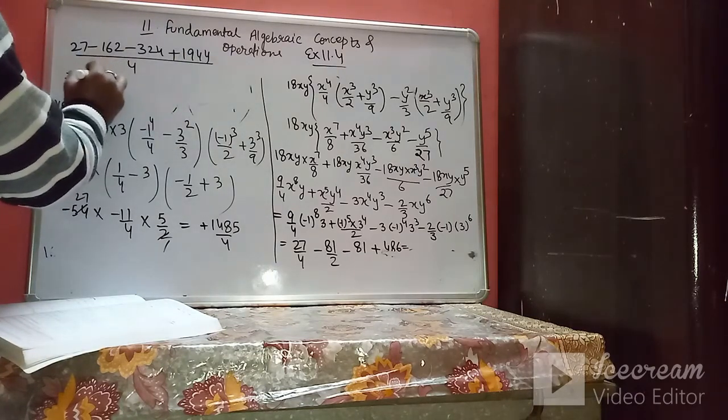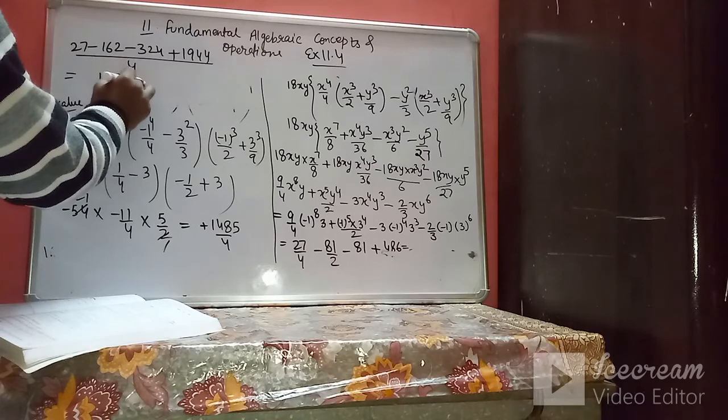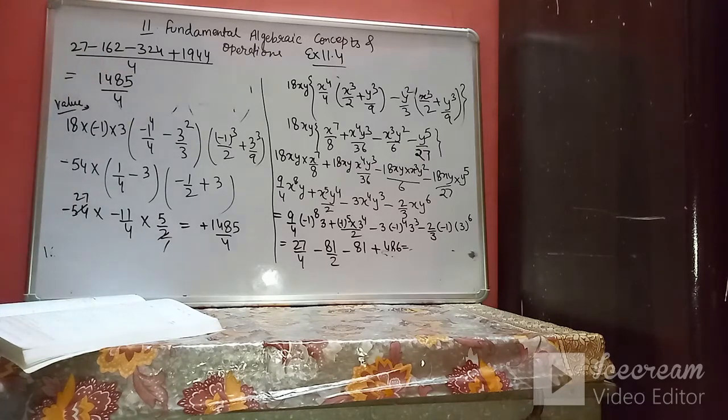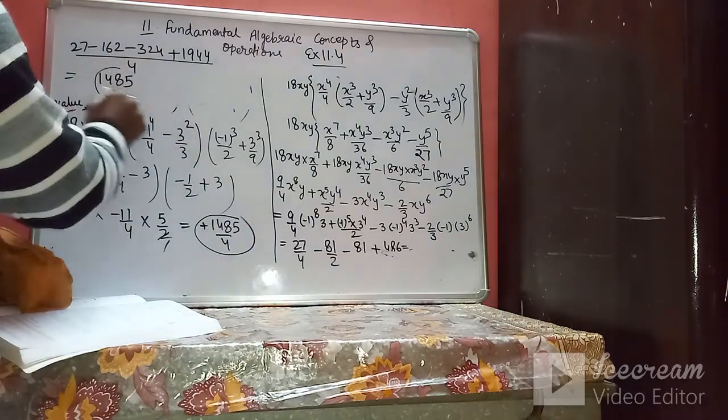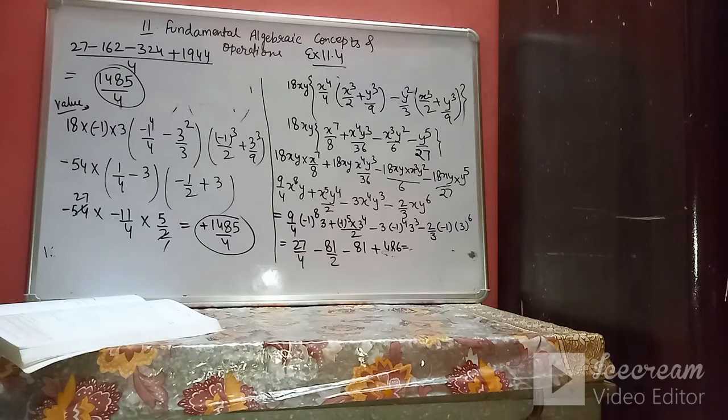So when we solve, what we will get? 1485 upon 4. Okay, so hence our results have been verified. So hence proved. So this is how you can solve the questions related to product of monomial by binomial as well as product of binomial by binomial.